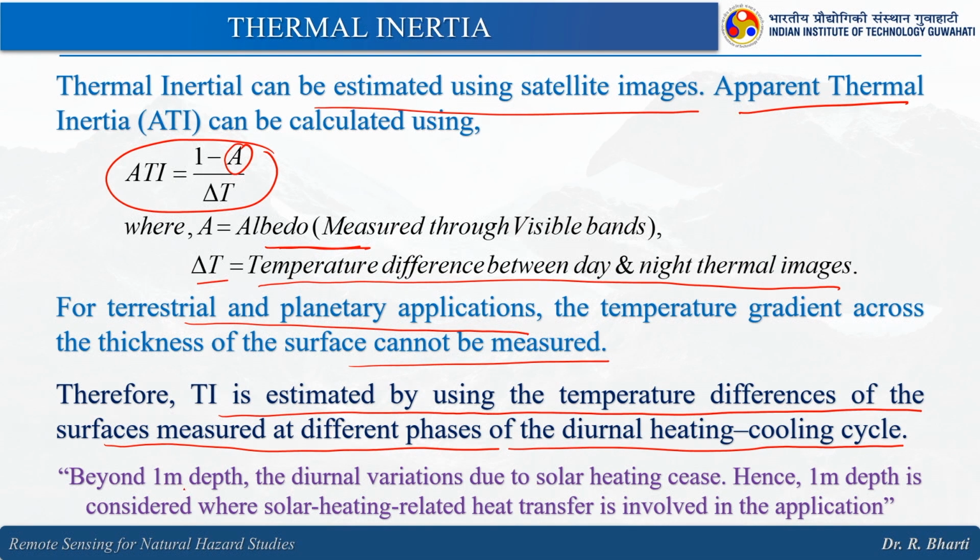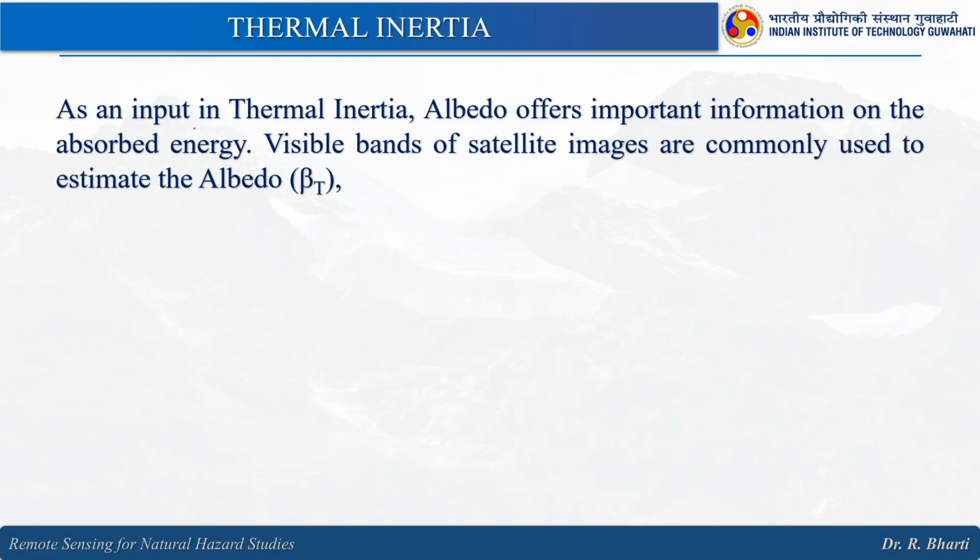Beyond 1 meter depth, the diurnal variation due to solar heating ceases. Hence, 1 meter depth is considered where solar heating related heat transfer is involved in the application. That means the emitted energy coming from the surface is basically giving you information about the 1 meter column.